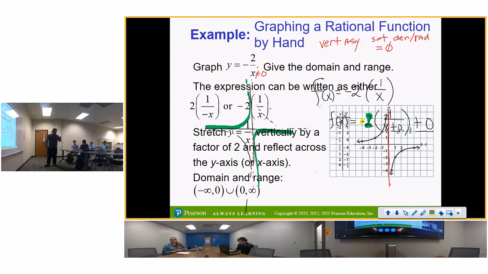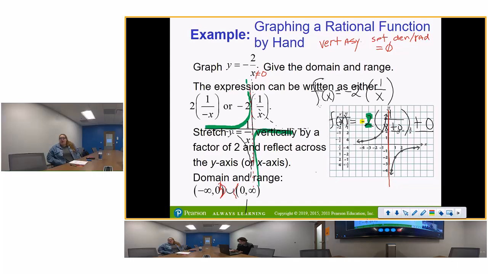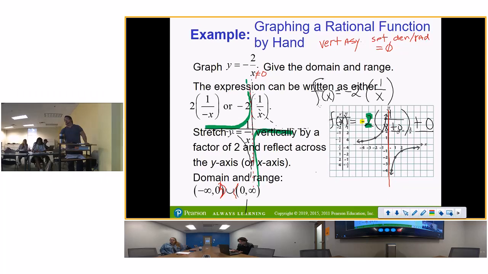Axis. So if you were going to do domain for this, it would be negative infinity to 0, 0 non-inclusive, because you can't touch 0. There's the domain. The range would be negative infinity to 0, and from 0 to what?